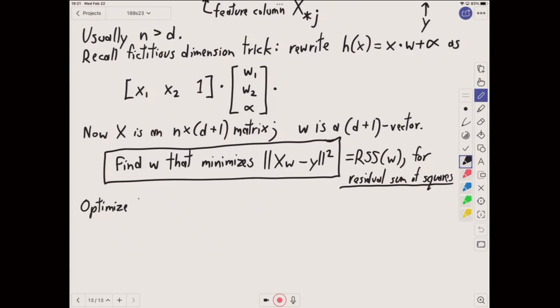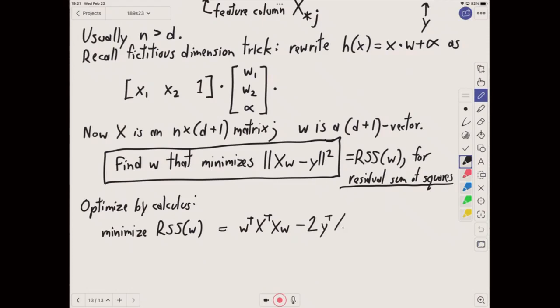All right, so we want to minimize this thing, so we do calculus. We take the gradient and set it to 0. Let's expand out the square. That makes it a little more clear. So when you write it like that, it's not too hard to see that the gradient of RSS with respect to W is 2 times x transpose xw minus 2 x transpose y.